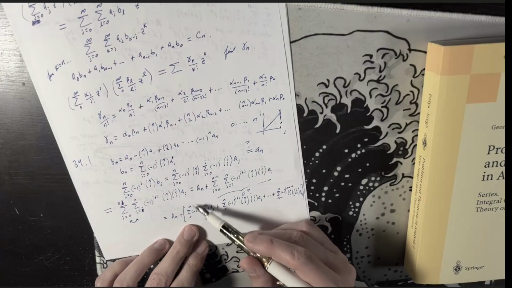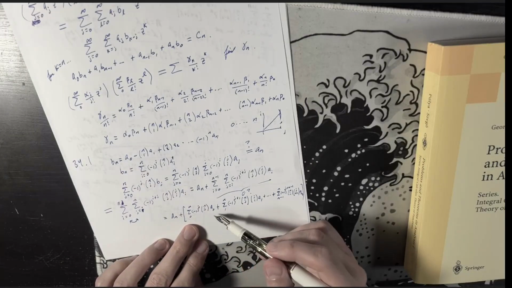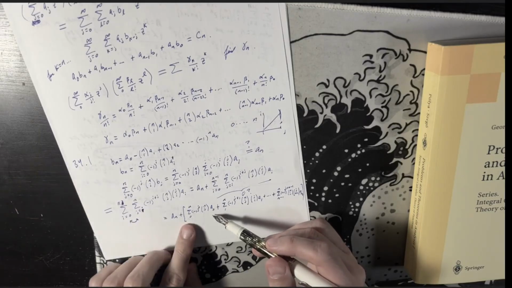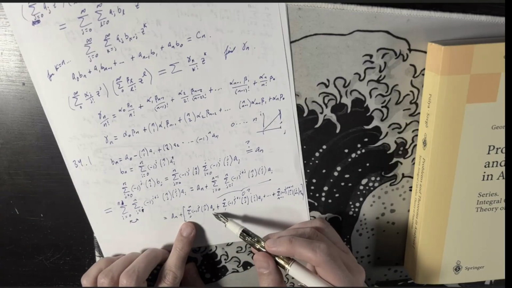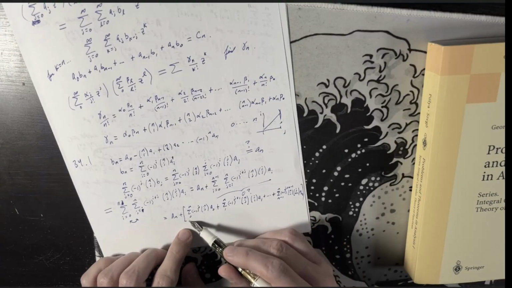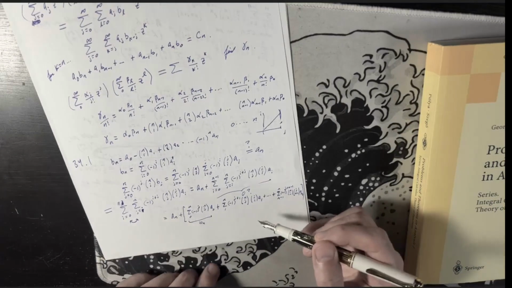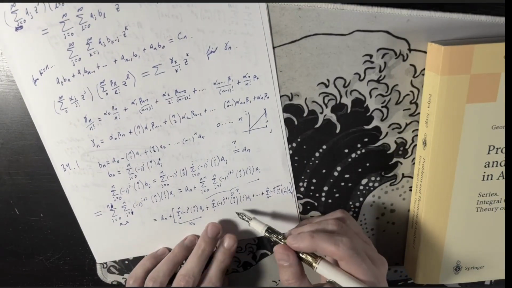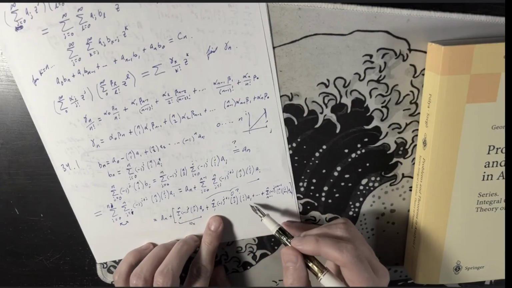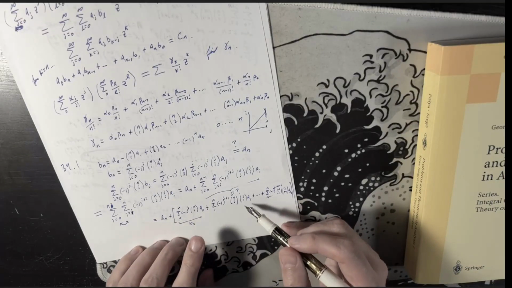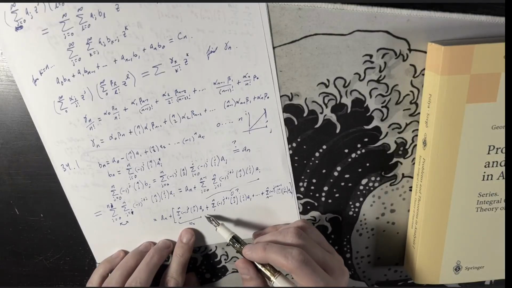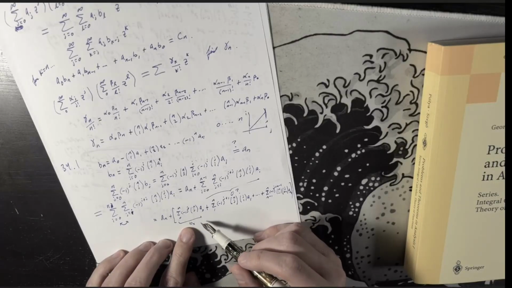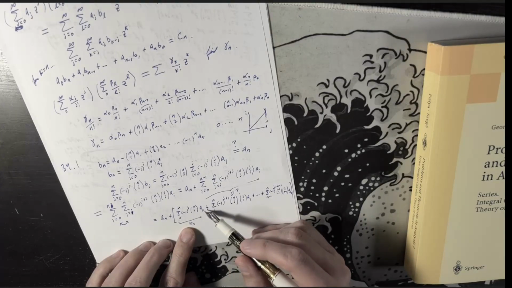This one actually is BN, right? Yeah, this is BN. This one's missing a term. Oh, wait. This is not BN, because it doesn't have all the A's.